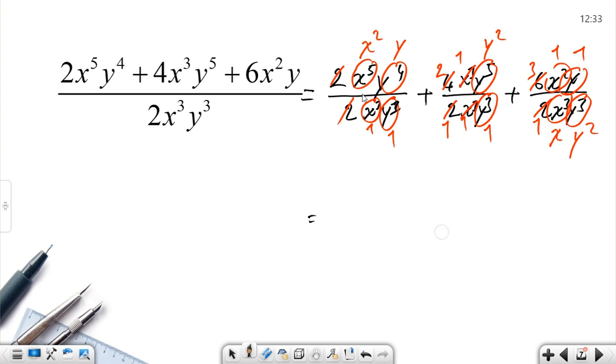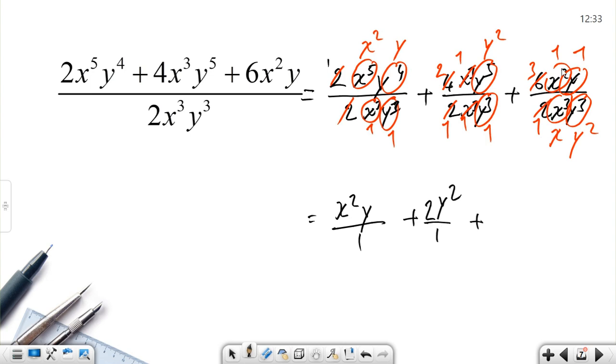Let's write it. 2 divided by 2, 1. These are 1 if you remember. 1 times x squared plus y. It's x squared multiplied by y. On the denominator, 1. We have 1 as the denominator. Plus 2 times 1, 2 y squared. Because 2 times 1 is 2, 2 times y squared, 2y squared, 1 times 1 times 1 over 1.